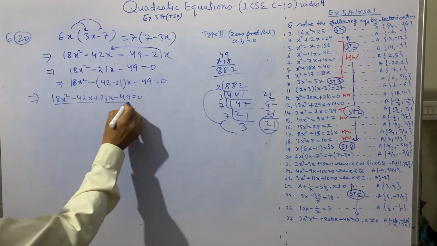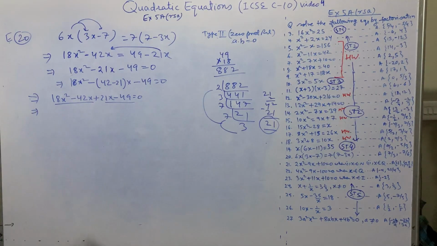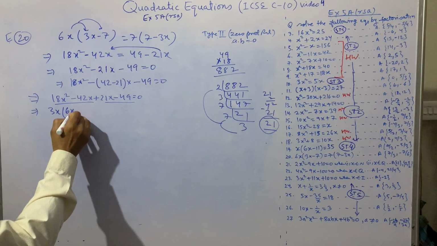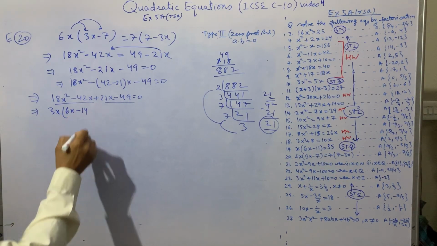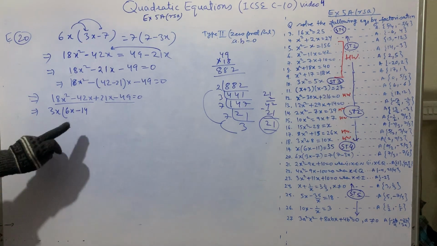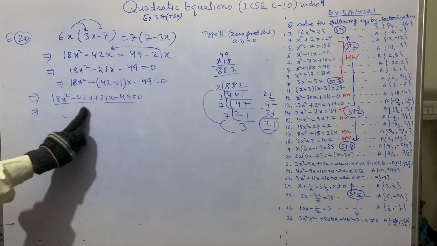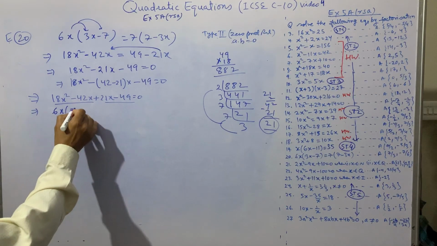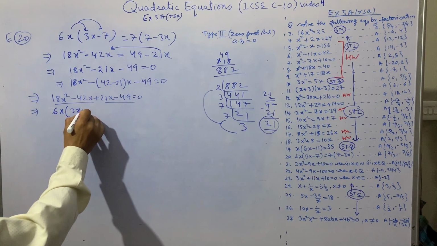So grouping, on pairing, what do we get? You can take out 3x: 3 6 is 18, 3 4 is 12. Again you can take out some more, so more part I can take out, then 3 to 6, directly 6 over there. 6 times 6 is 18, and then 6 7 is 42.